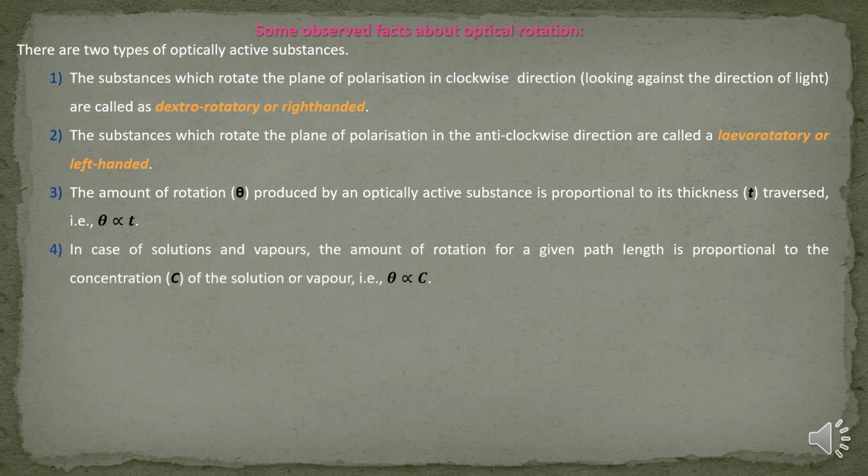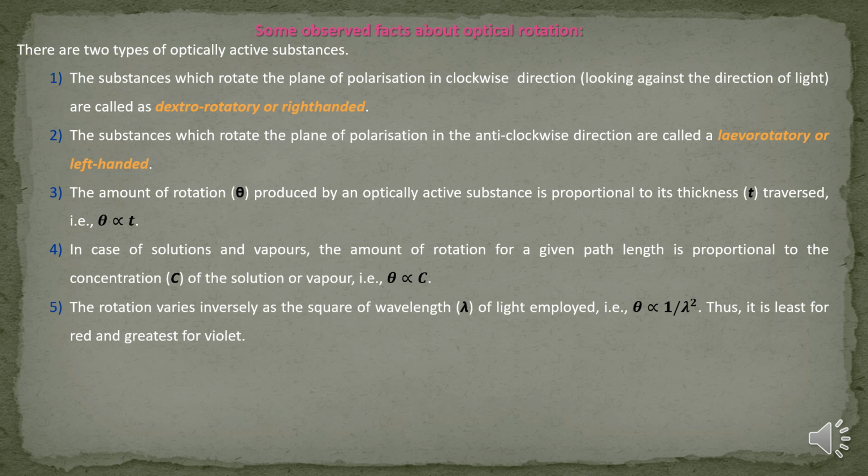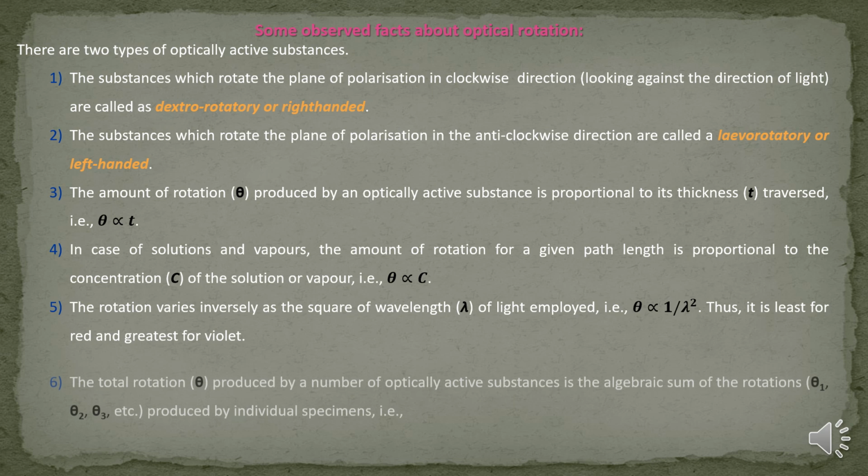In case of solutions, the amount of rotation for a given path length is proportional to the concentration C of the solution, that is, theta is directly proportional to C. The rotation varies inversely as the square of wavelength lambda of light employed, that is, theta is inversely proportional to lambda square. Thus, it is least for red and greatest for violet.